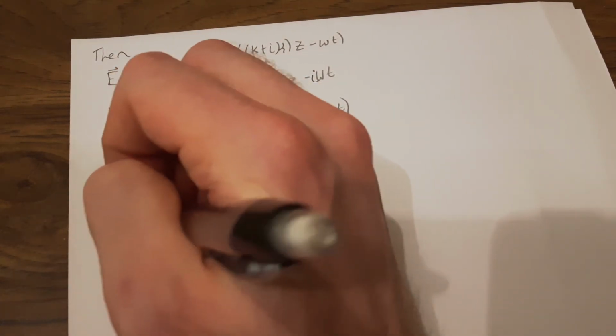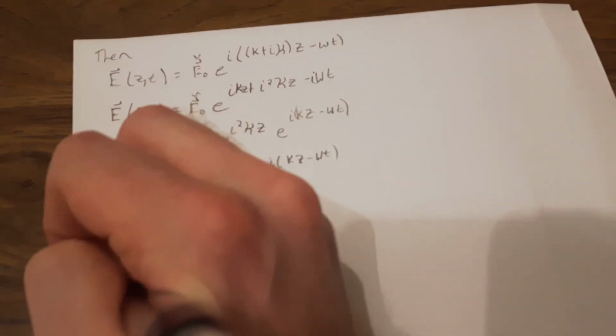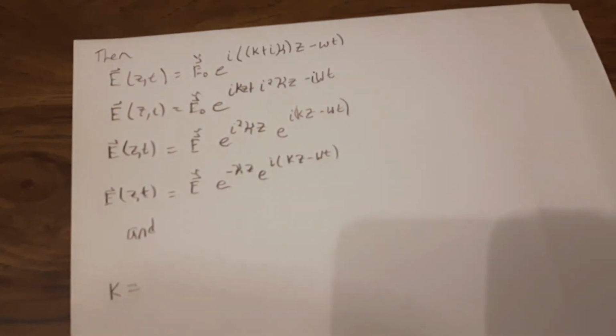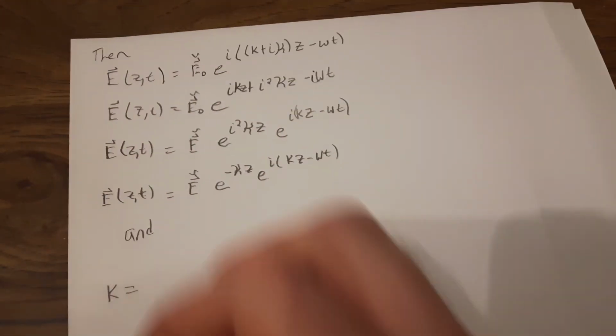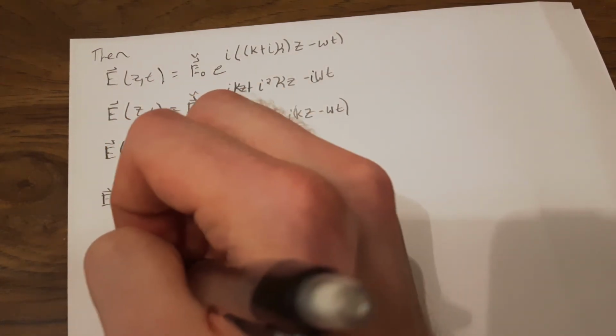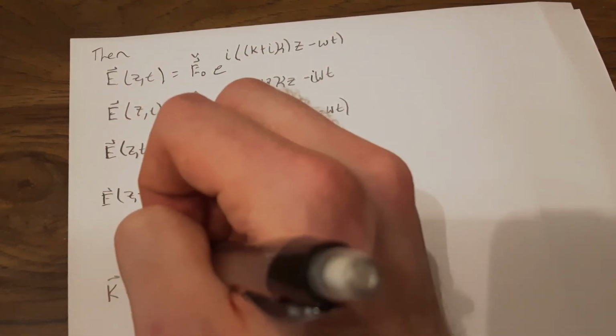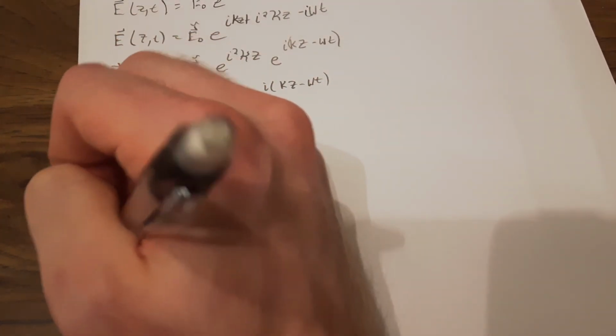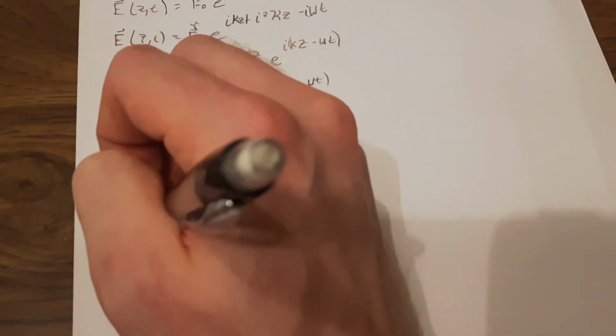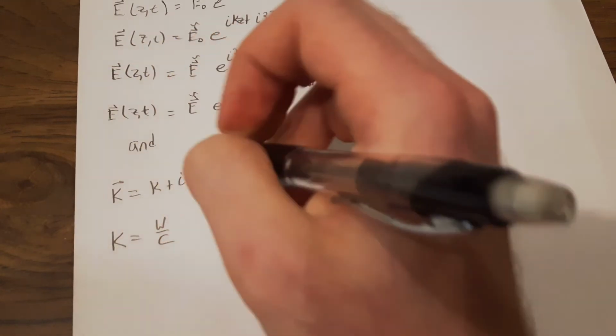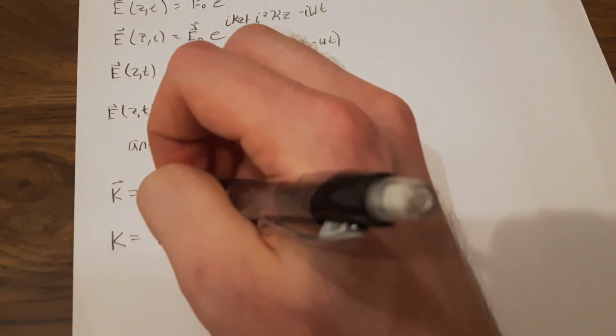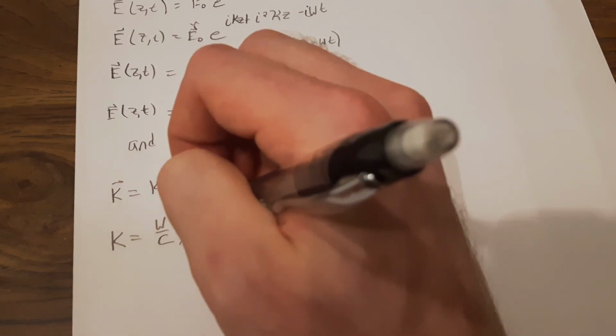And we can find the values for k and kappa in our complex wave vector as follows. k is equal to omega over c. We're going to open a big radical.